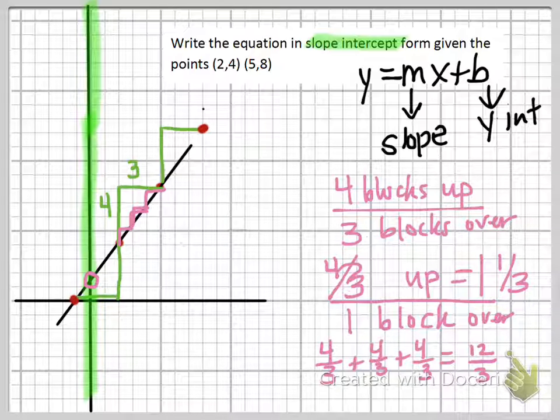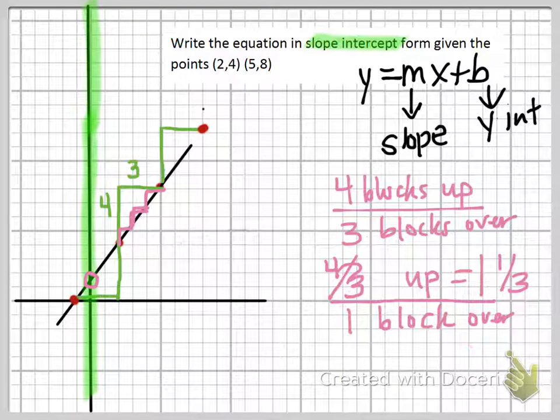Not sure that made sense, so let's not worry about that. But the unit rate is 1 1/3 blocks up for every 1 block we go over.